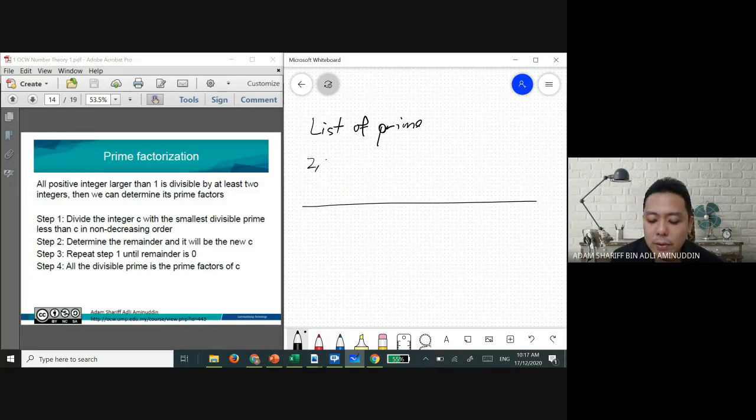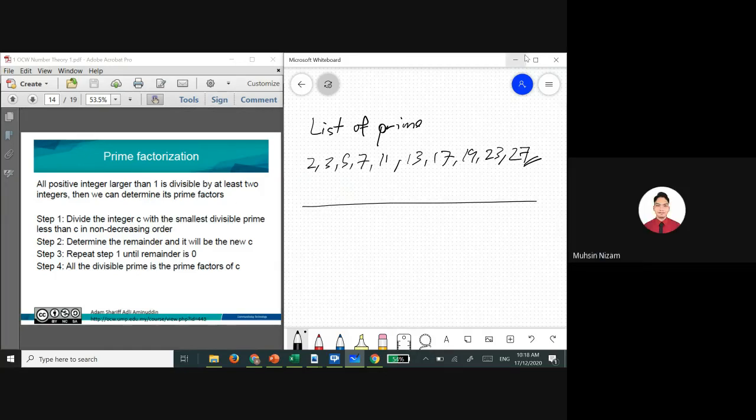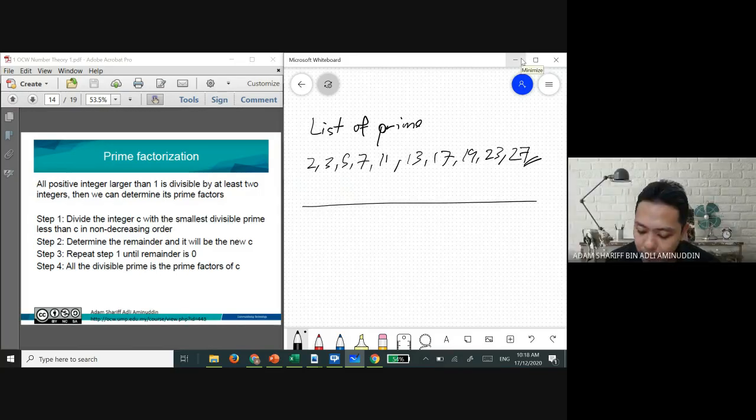So 2, 3, 5, 7, 11, 13, 17, 19, 23, 29. Okay, cukup dulu. So pick any number. 27 bukan prime. Jadi 29, prime.